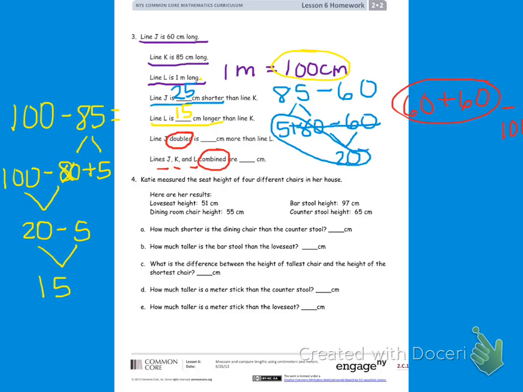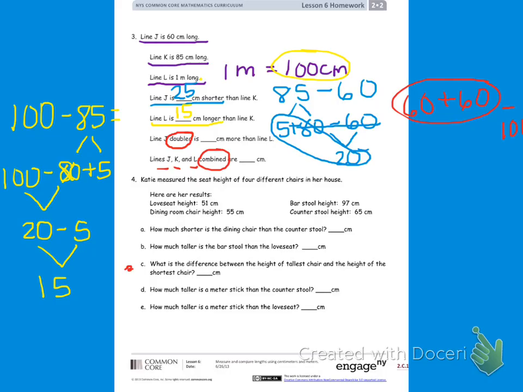For problems 4A through 4E, we're continuing with our lesson objective of comparing lengths or finding the difference between lengths. One problem I did want to point out is 4C, which says, what is the difference between the height of the tallest chair and the height of the shortest chair?